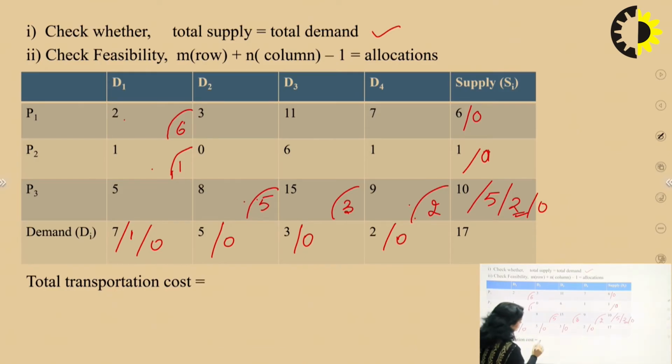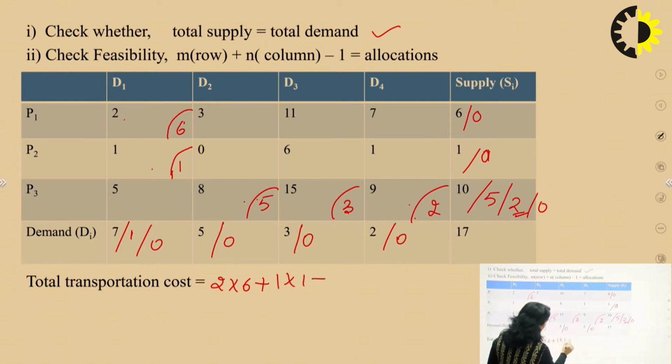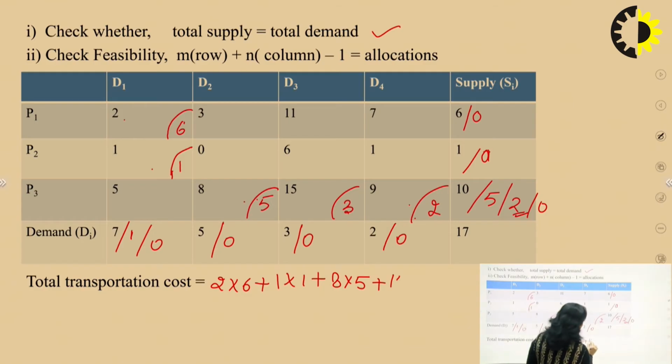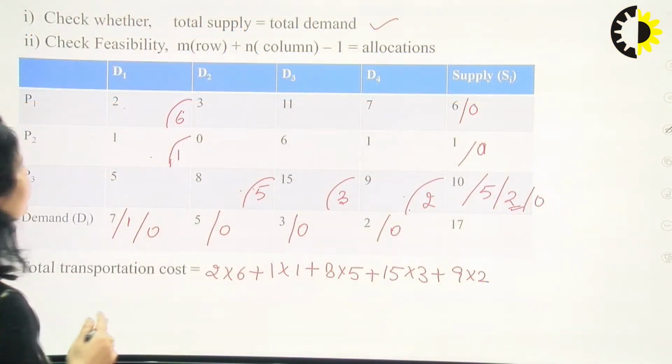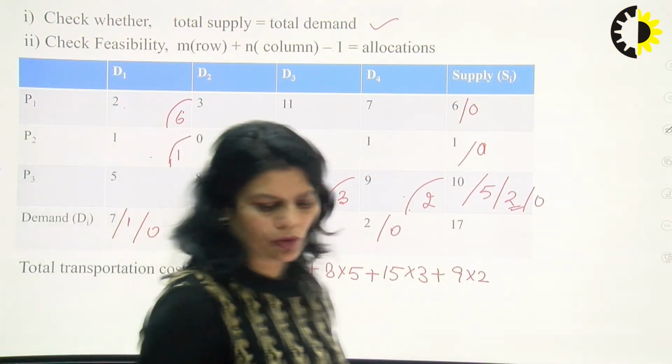So we will see here 2 into 6 plus 1 into 1 plus 8 into 5 plus 15 into 3 plus 9 into 2. And there are 1, 2, 3, 4, 5, there are 5 allocations.